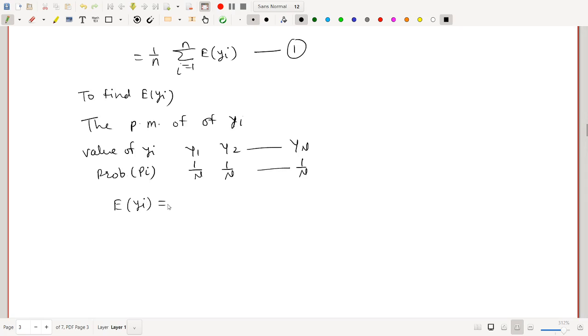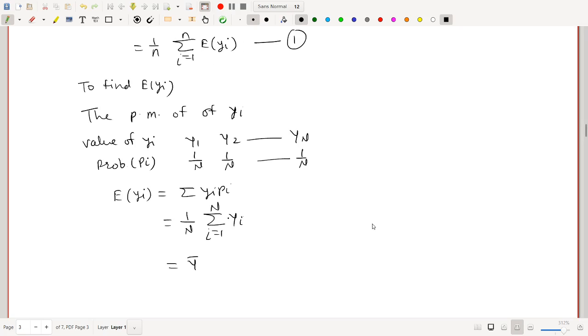Expected value of yi will be now summation yi pi. Here pi is 1 upon n, so this will be 1 upon n summation i running from 1 to capital N, capital Yi. So this is the formula for capital Y bar. So expected value of yi is capital Y bar, put in equation number 1.